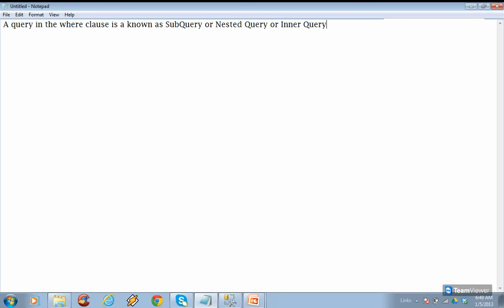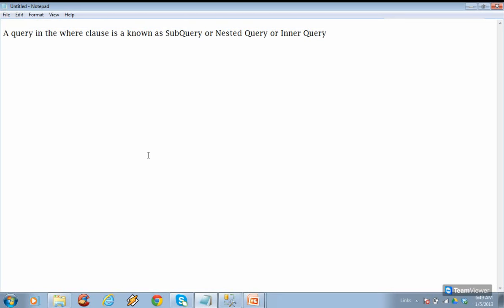So if somebody asks what is a subquery? Subquery means a query in the where clause is known as a subquery. You have to be clear on this.